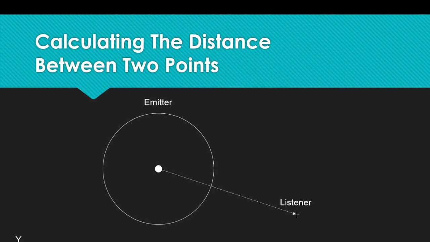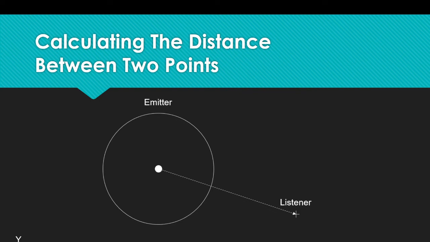I have seen a few students in the labs, not in our labs actually, but in other labs I was helping out at. They used the dot product here. They took the dot product of this vector with itself and then took the square root of that to get the distance. Now that works, but I think it doesn't speak to a great understanding of what the underlying maths is doing. I think if you think Pythagoras instead, you're on more solid footing of understanding what we're doing in the 3D math space.